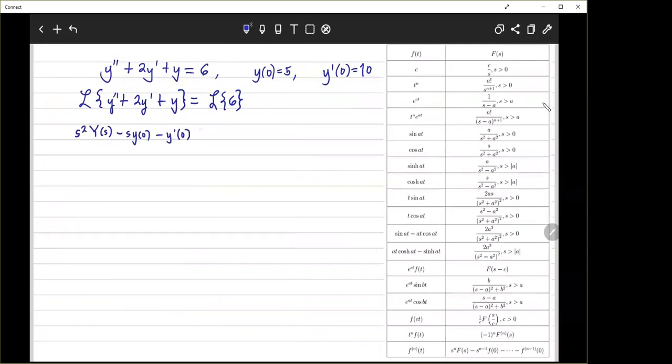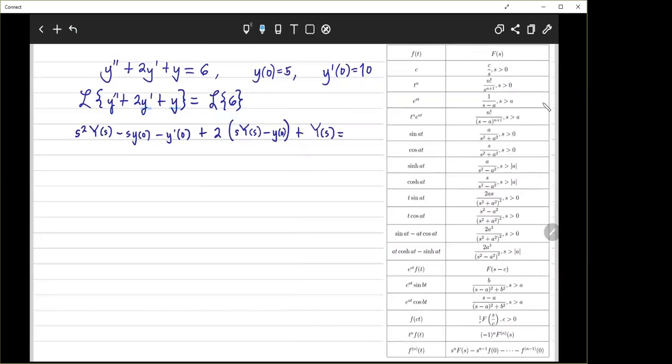And then plus 2, and inside, I will write the Laplace transform of y prime. Laplace transform of y prime is s y of s minus y of 0. And then third term, the Laplace transform of y is just y of s. So plus y of s equals, and on the right side, the Laplace transform of 6.